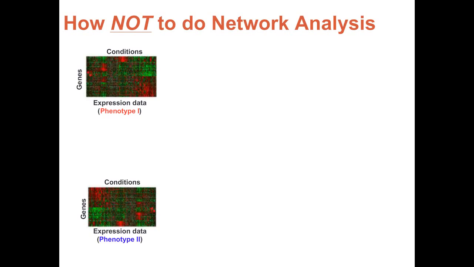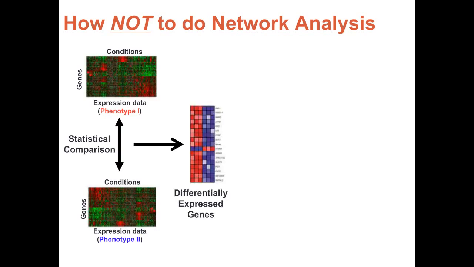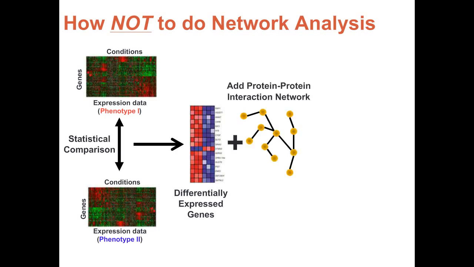So many people often take RNA-seq data. They might have two types of phenotypes, healthy, diseased, or wild type and knockout. They do a statistical comparison, and they subset on the set of genes, and they get differentially expressed genes, those that happen to be associated with phenotype 1 or those associated with phenotype 2.